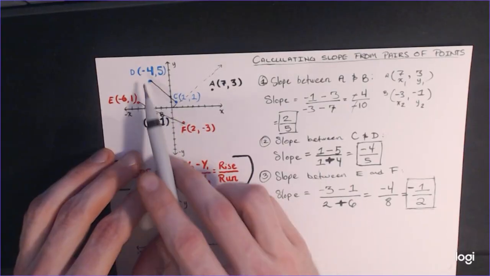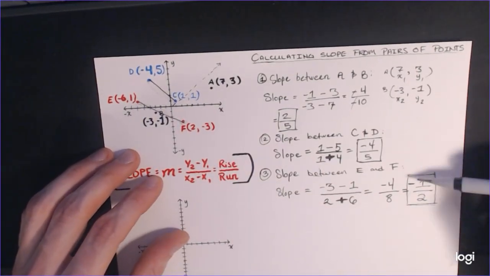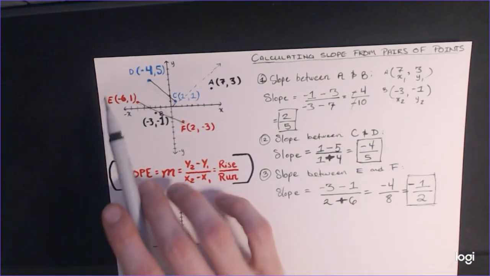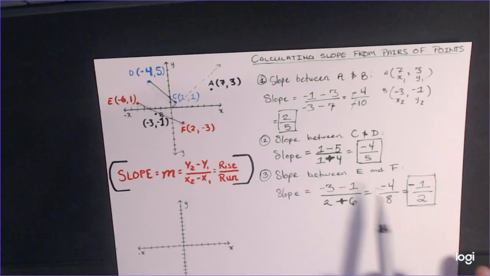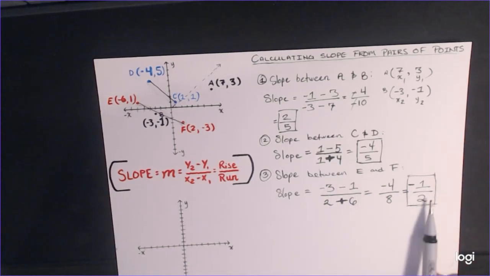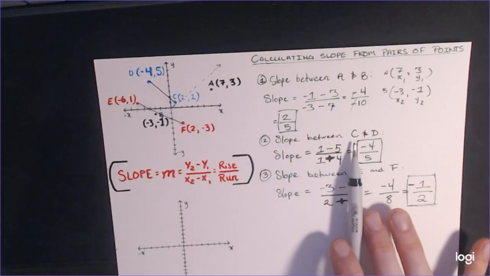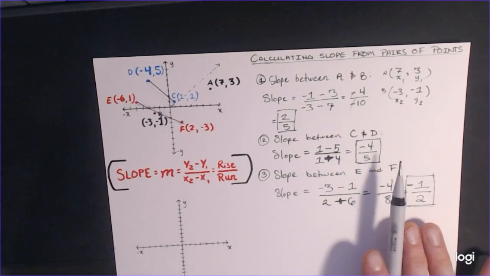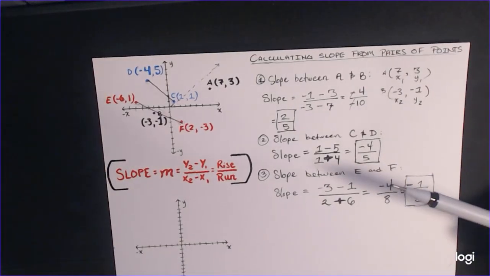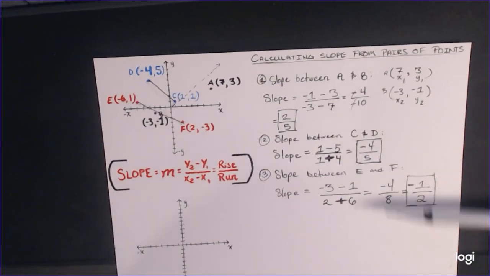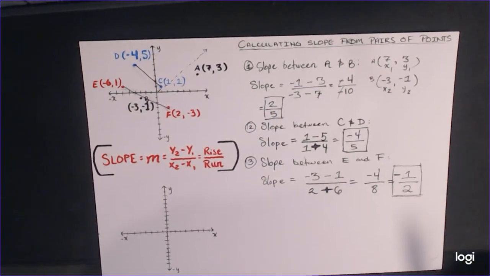Now, if it's going downwards, then as the negative number increases. So we see that between points E and F, the slope is negative 1/2, which is 0.5, and then the slope between C and D is around negative 0.8. So it's a decent bit larger, and that's why we see the difference in steepness up here.